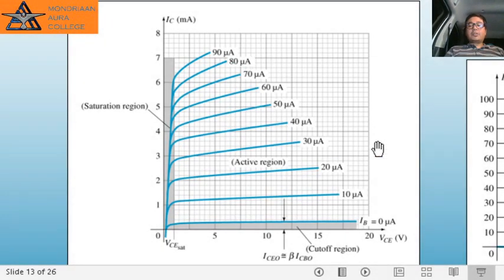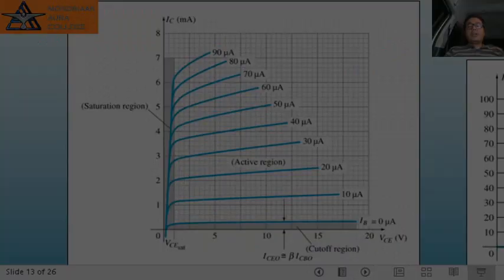Punta naman tayo dito sa output characteristics natin, no, or the collector characteristics. Ang y-axis natin ay I sub C, which is expressed in terms of milliamperes. While yung kanina, do sa I sub B natin, no, is expressed in terms of microamperes. Therefore, ang I sub C ay mas mataas compared sa ating I sub B. Kaya ang kanyang unit na ginagamit ay naka-milliamperes.